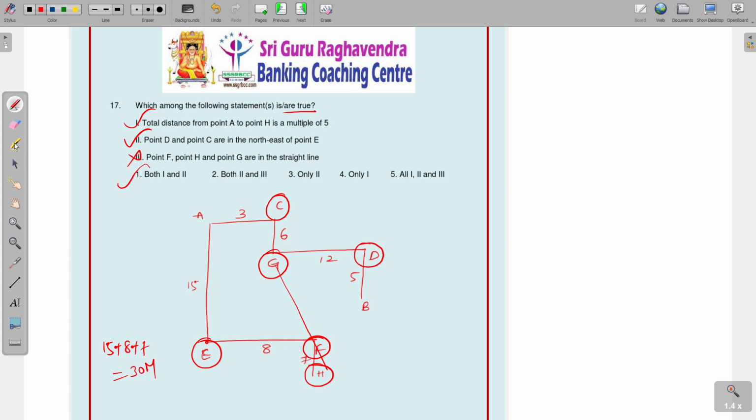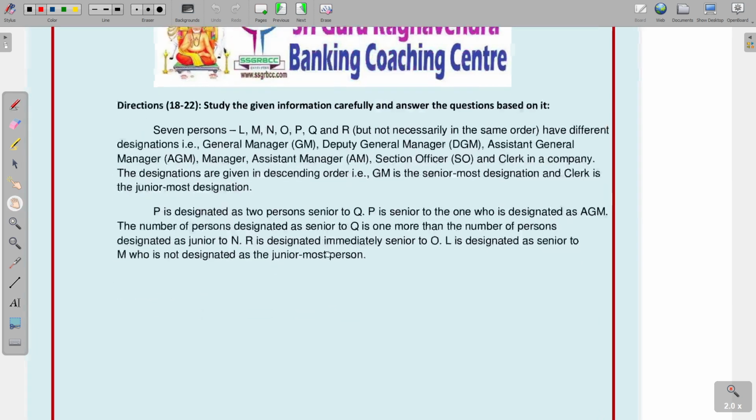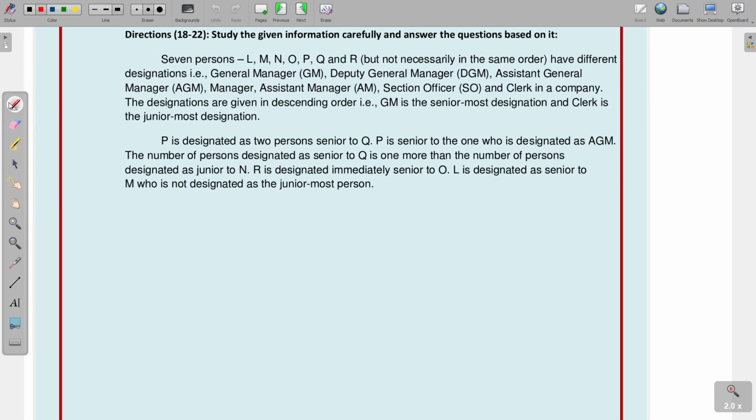So next question, we have one more puzzle. Seven persons L, M, N, O, P, Q and R have different designations: general manager, deputy general manager, assistant general manager, manager, assistant manager, section officer and clerk.